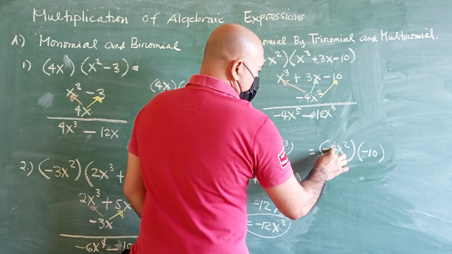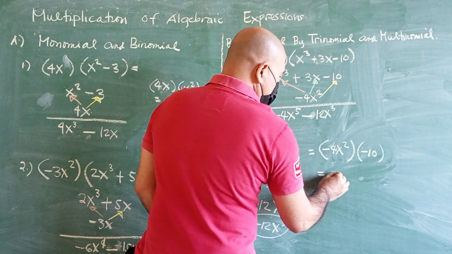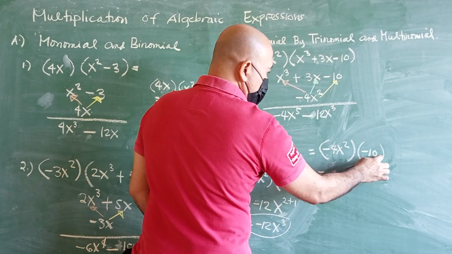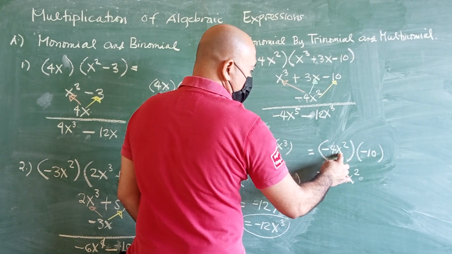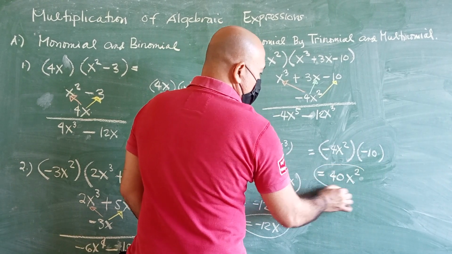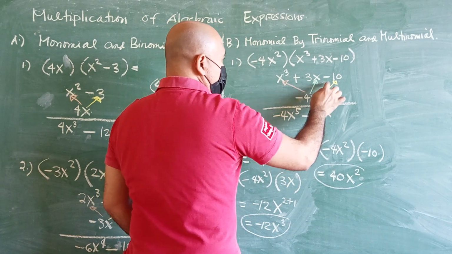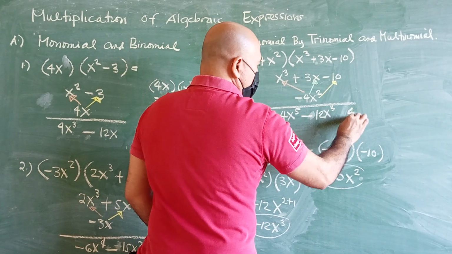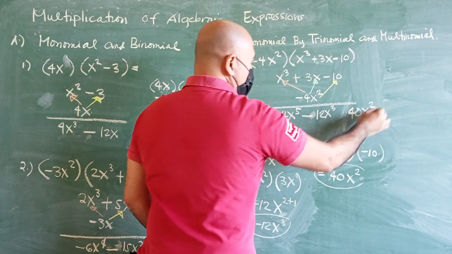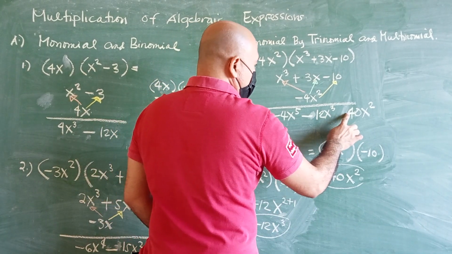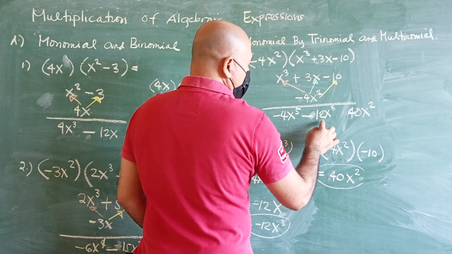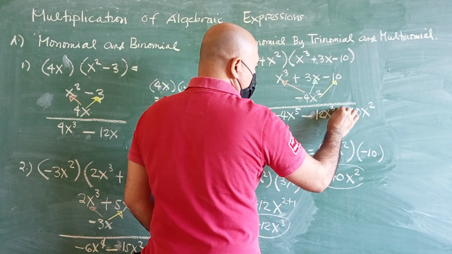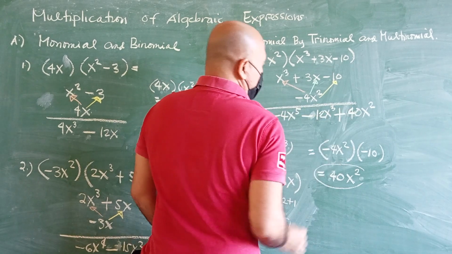And then multiply 4 and 10, that is 40. Bring down the variable including the exponent, since there is no variable here, just bring down x squared. So when we multiply negative 4x squared and negative 10, the result is positive 40x squared. So you write positive 40x squared. And since there is a term before 40x squared, it is positive, so automatically the operation here is plus.